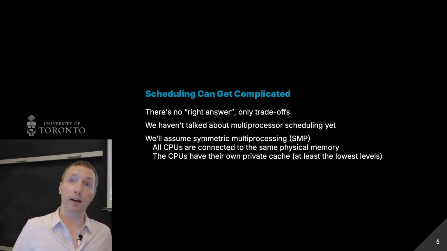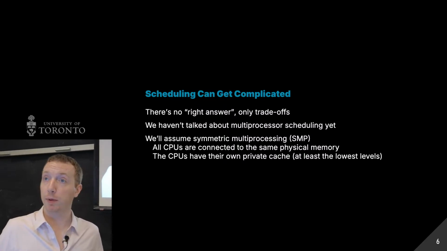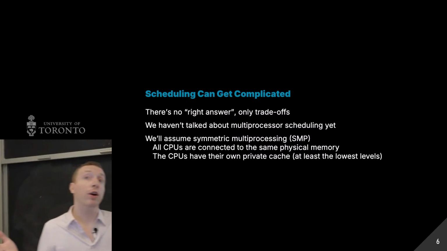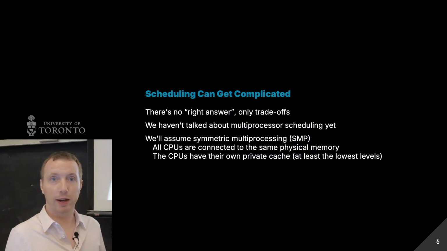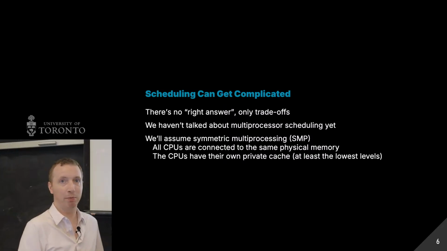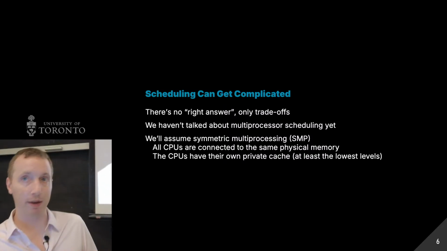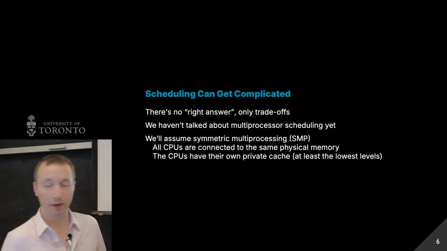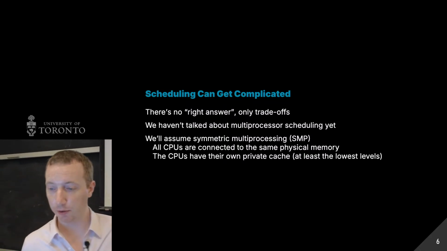We also haven't talked about what happens if we are scheduling on a computer that has multiple cores. So we'll assume something called SMP, or symmetric multiprocessing. That basically just means all CPUs are connected to the same physical memory. There are more complicated servers and stuff like that where that is absolutely not true.